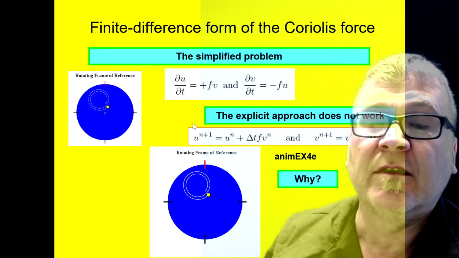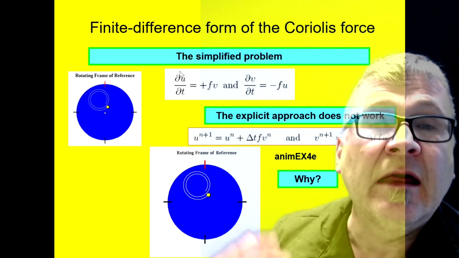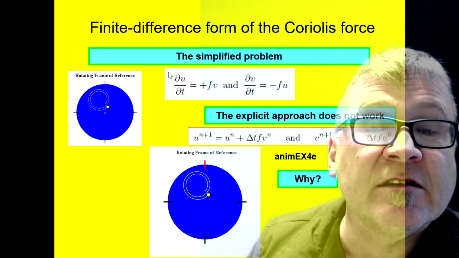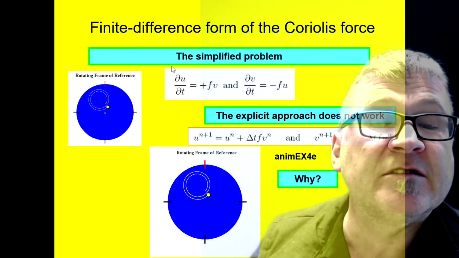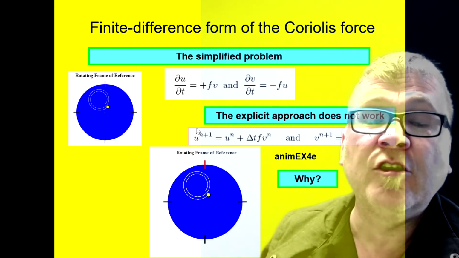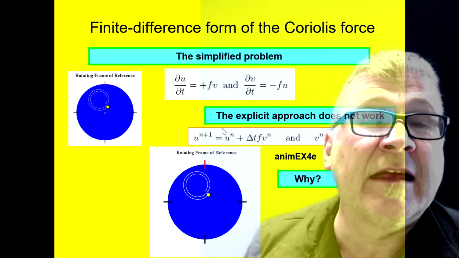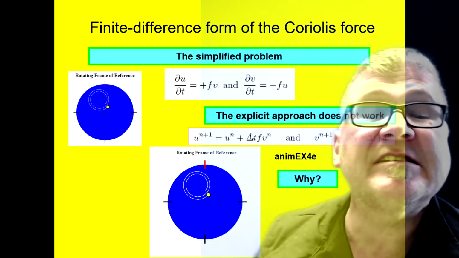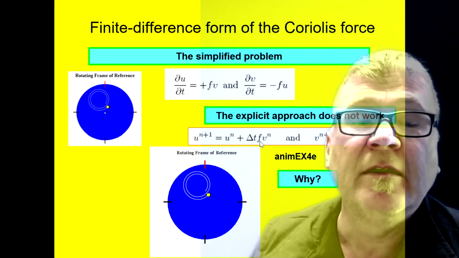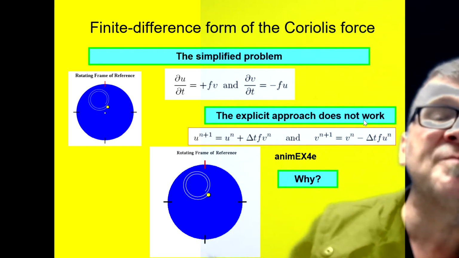This is shown in this equation. You can just use a simple forward difference with the time step: u^(n+1) is the value of u at the time level n, plus the correction that comes from the Coriolis force, where delta t is the time step, f times v^n, and so on. This is the most basic way.